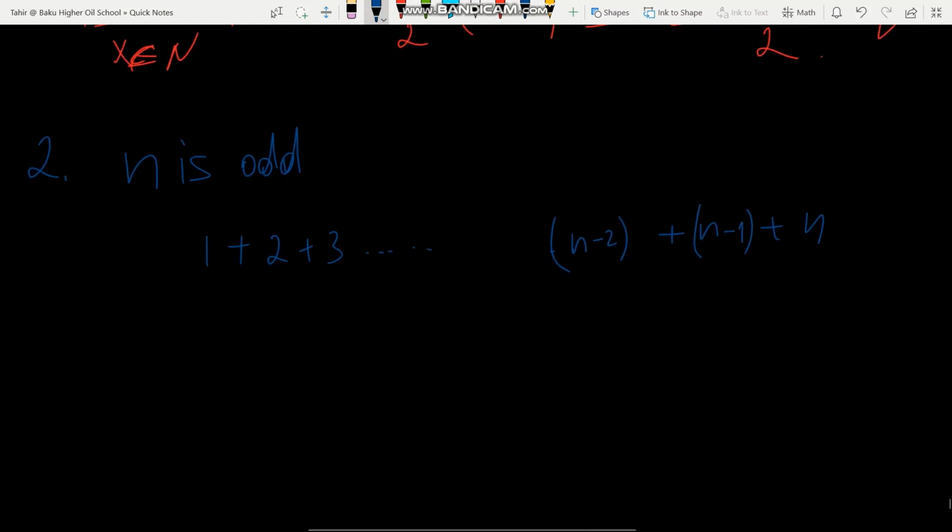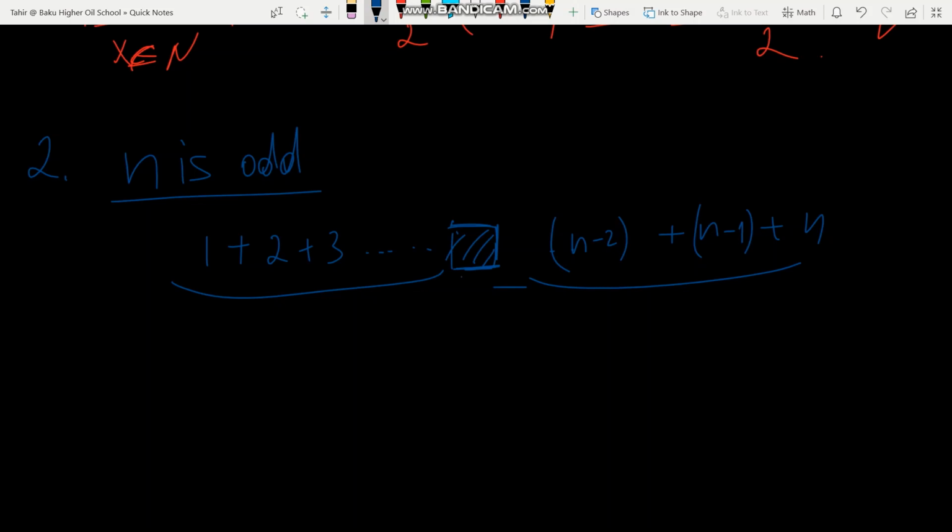And we assume that our number n is odd. When n is odd, I want to determine the general formula for the number in the middle of the sequence.